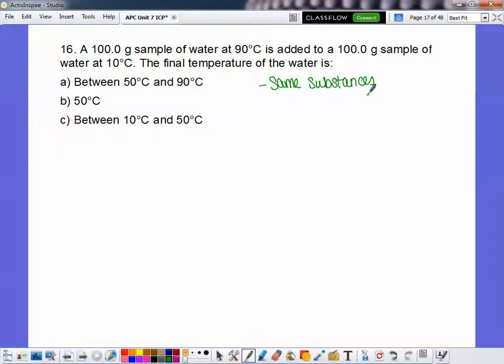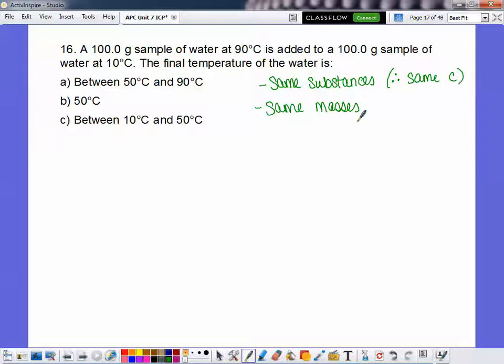The specific heat capacity. Okay, so same specific heat capacity. So that term no longer matters because it's going to be the same. The same masses. Same masses here. So yes, it's really just the change in temperature.